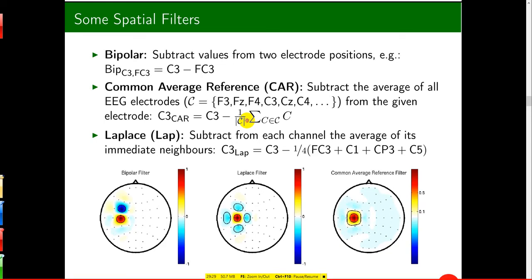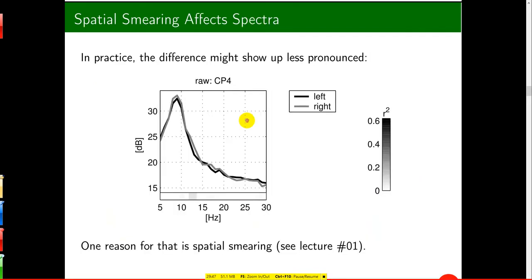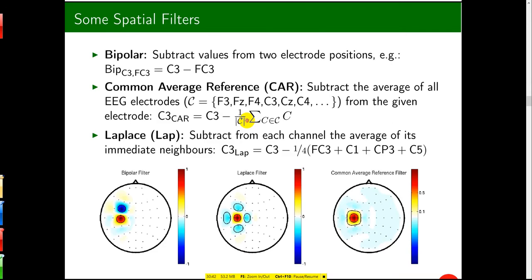So you take this as the next step, CP3, as a central channel, and you subtract the neighboring four channels. Is this clear? The point of doing this is, again, to minimize the spatial mixing.